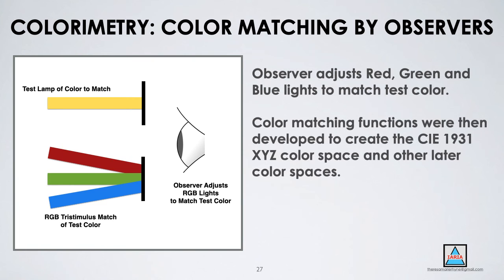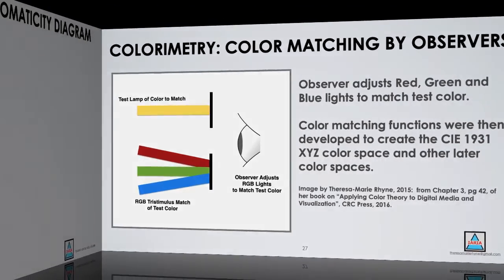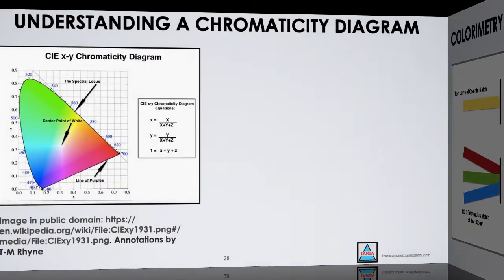And then we are asked to match a particular color. So for this one, we're going to shine a yellow light in our eye. And then we're going to be given some little knobs of red, green, and blue. And we're going to match that color as best as we can. And that's what all this data is built on. Kind of interesting, isn't it? I just want you to have a background of what this data is about when we talk about observers.